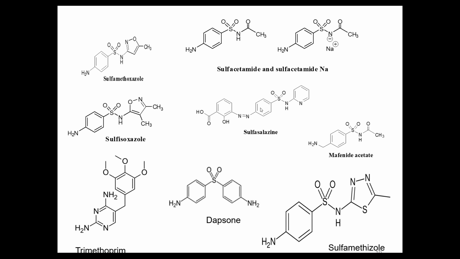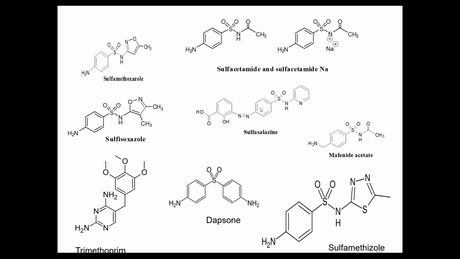Sulfacetamide in fact is used as eye drops in different types of eye infections. Then you have intermediate acting drugs like sulfamethoxazole, which shows good activity for around 10 to 12 hours. The long acting agents include sulfadoxine, which has 24 hours of activity. This is the classification based on duration of action.